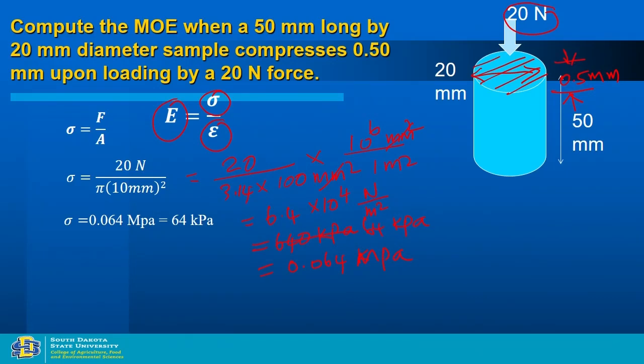So, strain is deformation, 0.5 mm divided by 50 mm, mm and mm cancel, 0.01 is strain.